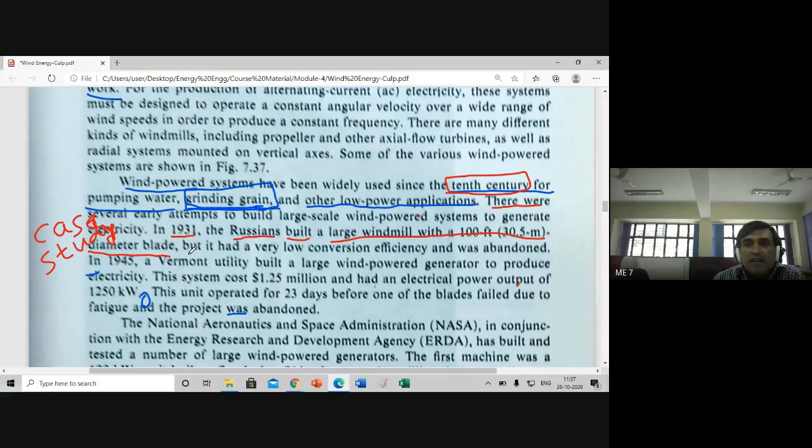Look at such a big one, but it had a very low conversion efficiency and was abandoned.